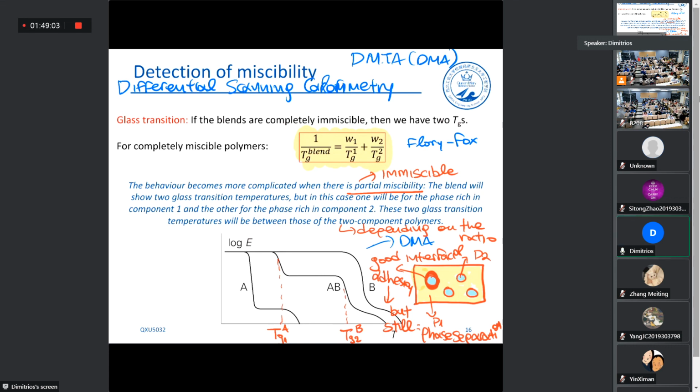And where these glass transitions, TG1A and TG2B, are found depends on composition. Okay?